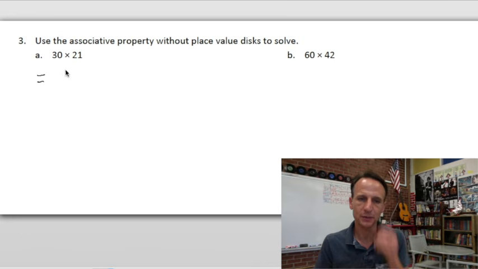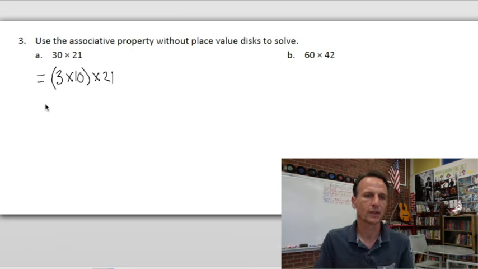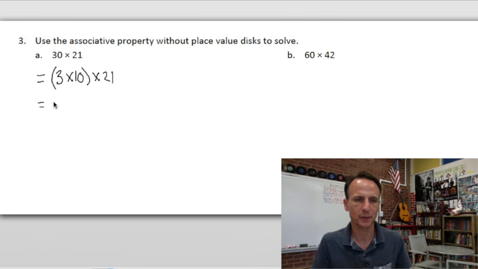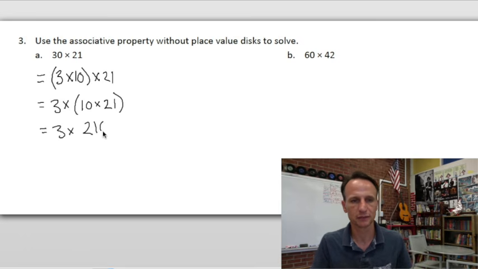So 30 times 21, well, let's decompose that 30. We know what to do, it's 3 times 10, right? And that's still times 21. And then we can use the associative property to say, well, we can think of this as 3 times, and we'll first do 10 times 21, which is 3 times what? 21, shifted up a place, 210.